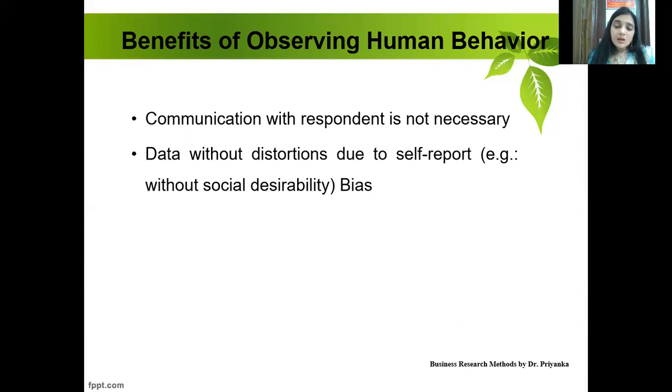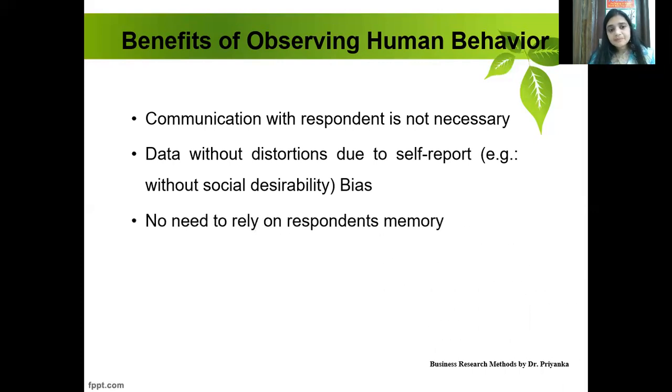For example, I feel that I should be recognized as a socially well-behaved person, and I might behave accordingly if I know that I am being judged or observed, right? But here, if I don't know somebody is observing me, then I'll be behaving my natural self. So there is no bias.